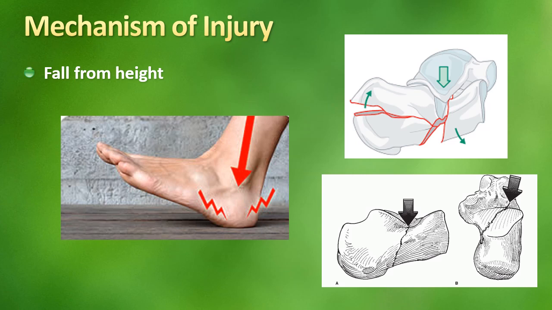The calcaneum is driven up against the talus and it is split or crushed. The other less common mechanism is avulsion fracture following traction injuries of the tendo achilles or the ankle ligaments. And even less common is comminuted fracture of the calcaneum resulting from a direct blow.